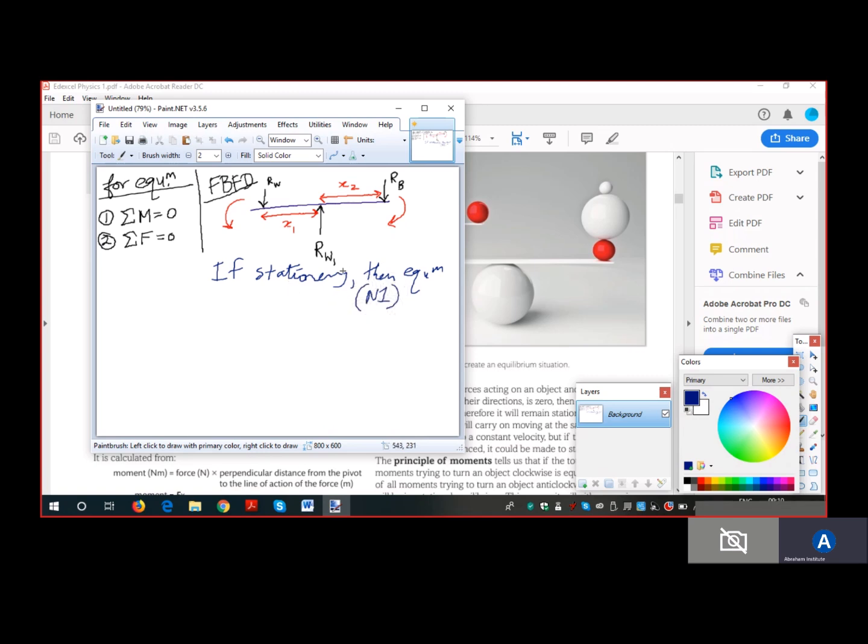So if an object is stationary, then it is in equilibrium, which means the principle of moments applies.